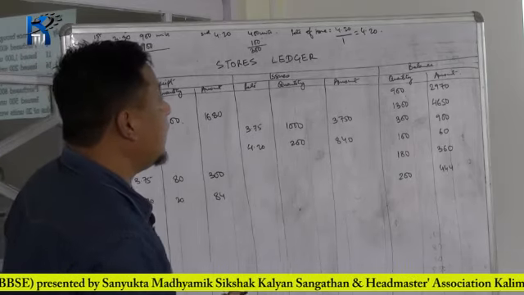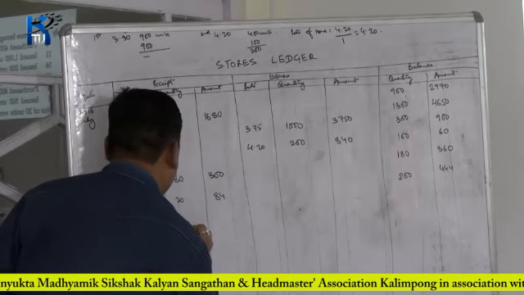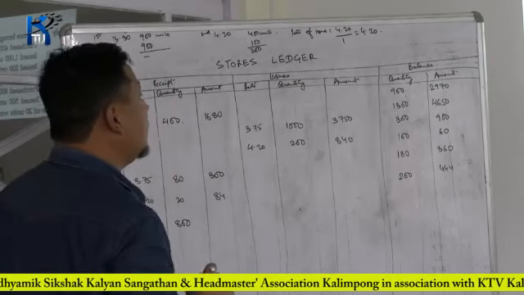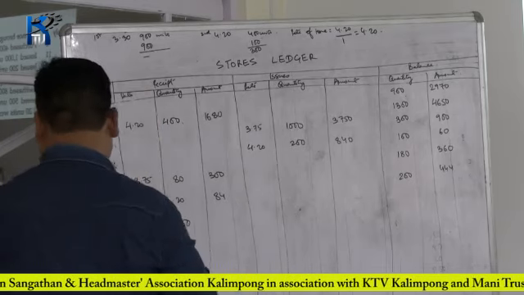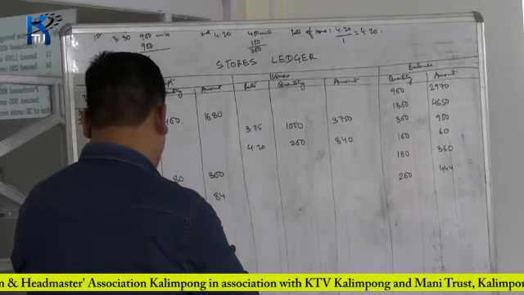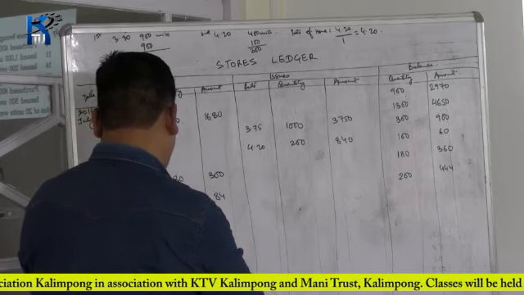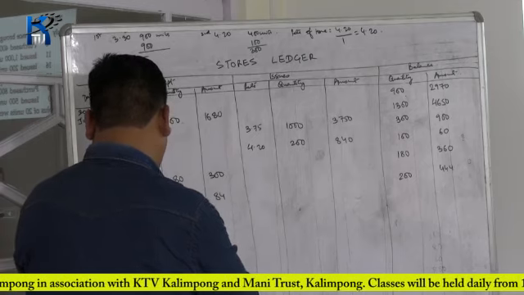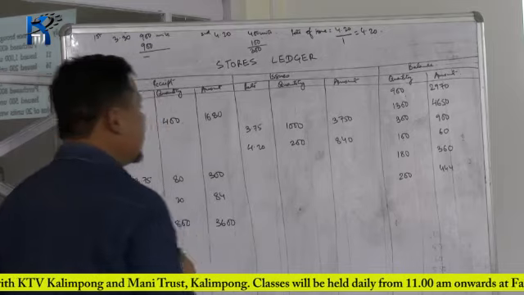On 26th, there has been a purchase of 800 units, 800 units of rupees 4.50. Totals 3,600.